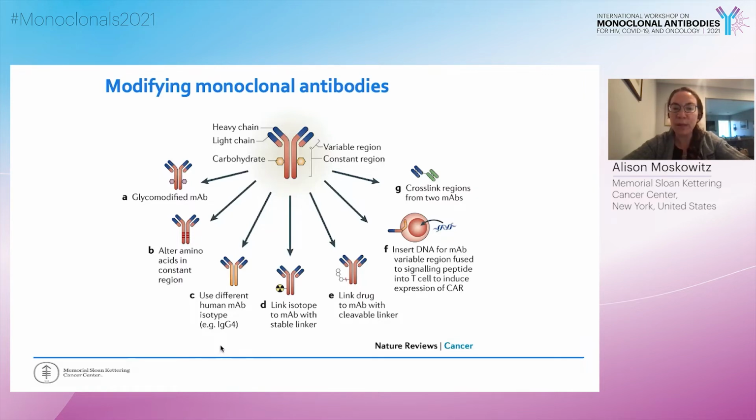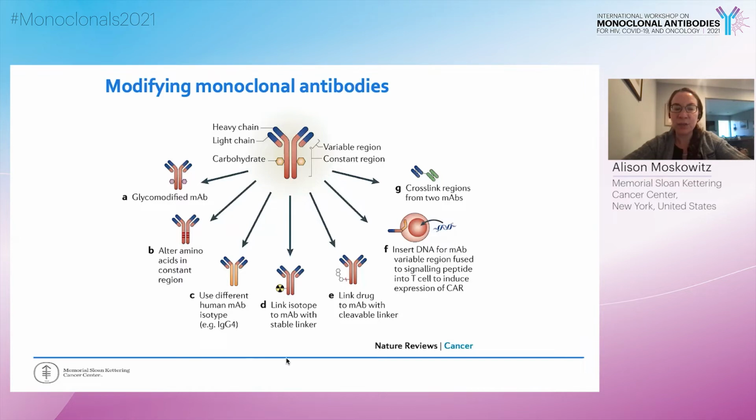We also sometimes use monoclonal antibodies that are IgG4, and the advantage of these is that they are not capable of antibody-dependent cytotoxicity and instead work by just binding their target, so they don't kill the cell that they bind to, and this is helpful in blocking signaling or blocking targets.